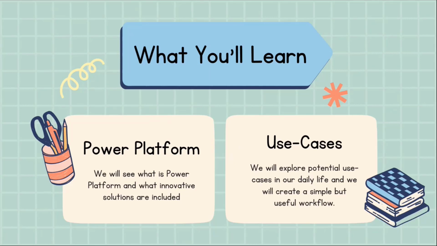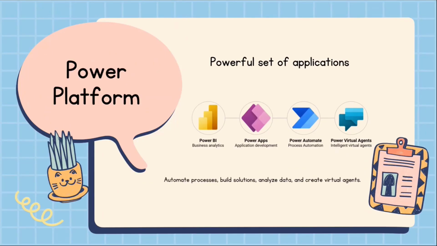So let's begin. I'm going to talk about Power Platform. So what is Power Platform? Power Platform is a powerful set of applications. It has 4 major components. It has Power BI, a well-renowned tool where you can analyze data. Also, Power Platform has Power Apps, a kind of application development tool.